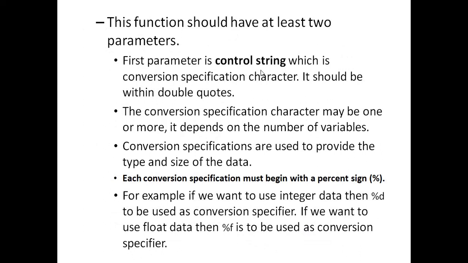The first parameter is the control string, which consists of conversion specification characters, and it should be written in double quotes. There may be one or more conversion specifications, depending on the number of variables.